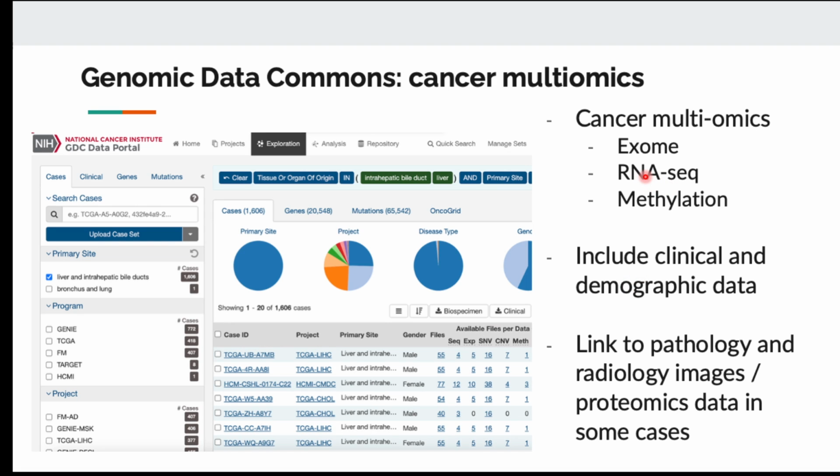And in some studies, they will link the omics data to histopathological images and radiological images. So you can even perform something like an association between mutation profiles and the image of the cells. Sometimes you can tell that the morphology of the cancer cells changes because of the mutation or the change in transcriptomics.